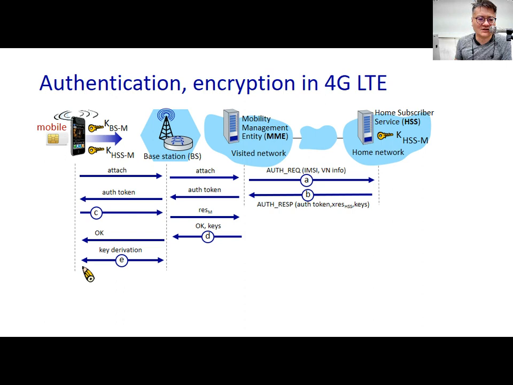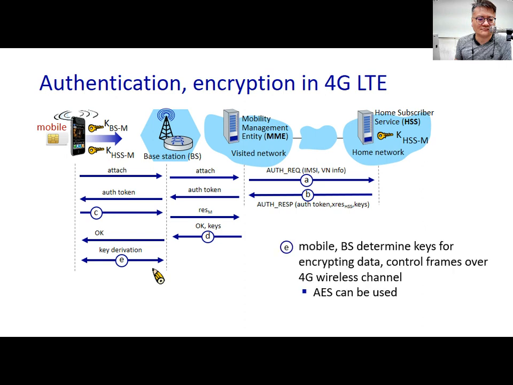So the key is actually derived between the base station and the mobile. In each step, the mobile and the base station determine the key for encrypting the data and control frames over the 4G wireless network, and AES can be used.